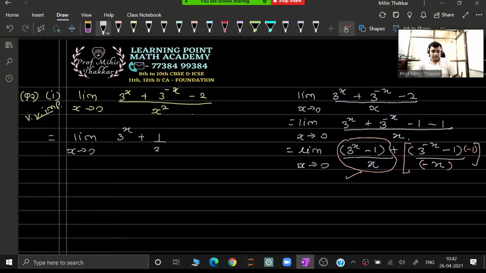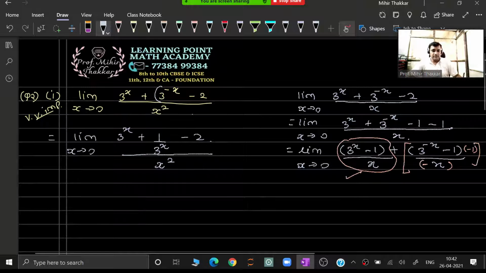I will write 1 upon 3 raised to x minus 2 divided by x square. I just adjusted the negative power of 3 and took it in the reciprocal like this. Then I will try to take LCM like this: 3 raised to x into 3 raised to x.